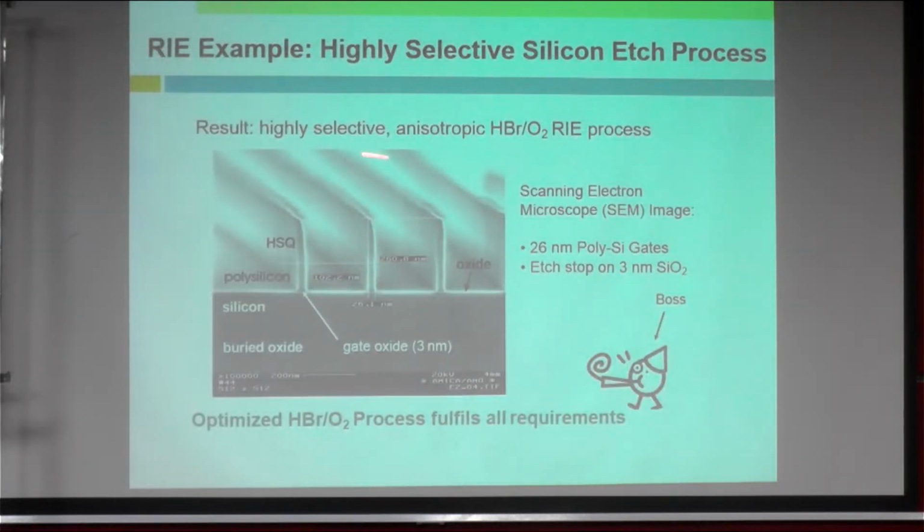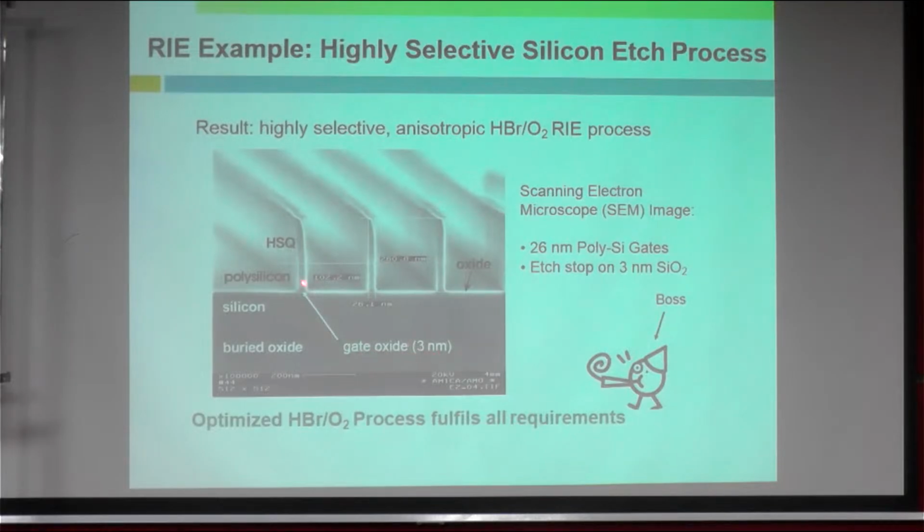So in deep RIE, it is quite possible to make a good structure in this way. For example, you use an anisotropic HBr/O2 RIE process. So you have a polysilicon with a high aspect ratio.